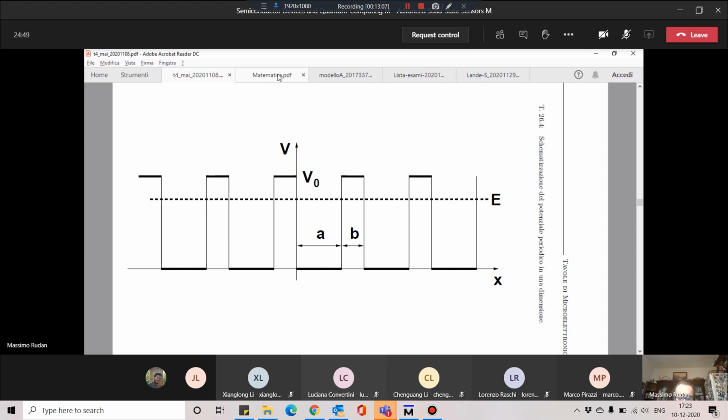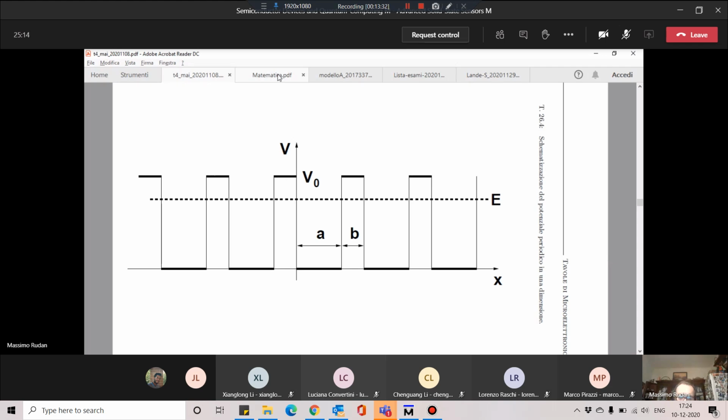In principle, what we should do, as you remember we have done on simpler cases before, is solve the Schrödinger equation in every domain, like a, or in every other domain like b.